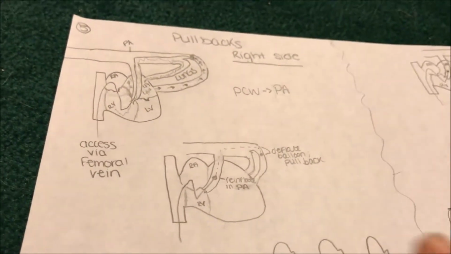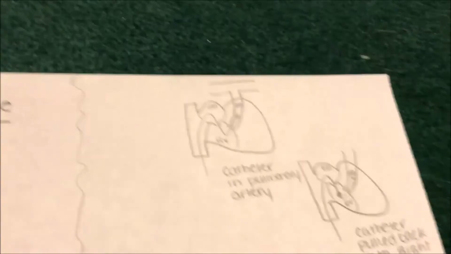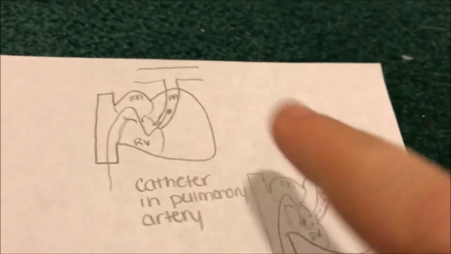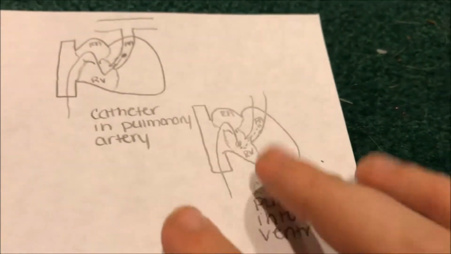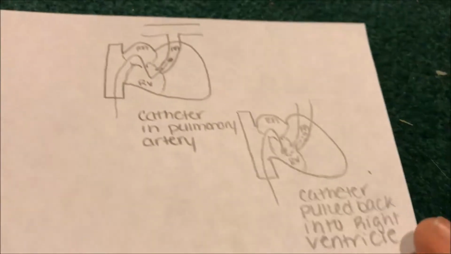So this is all done at one time, all these pullbacks. So the PCW to the pulmonary artery. Then we are currently in the pulmonary artery, just as we ended over here. We are going to pull it back and go into the right ventricle.